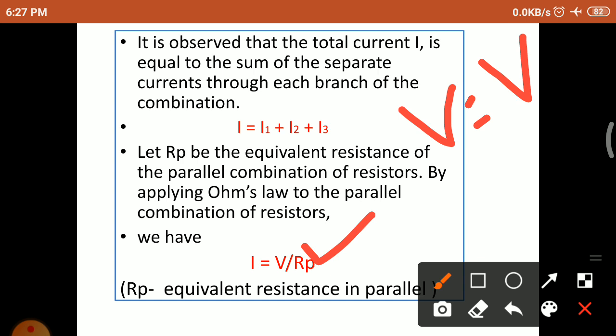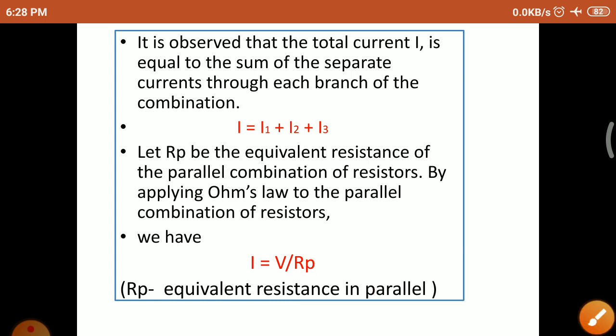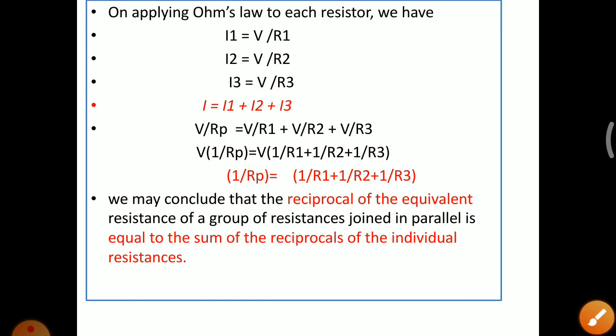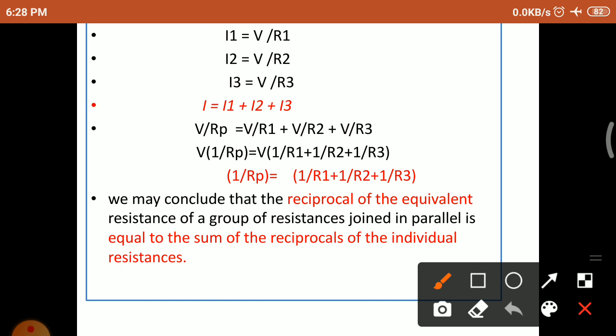Here Rp is nothing but the equivalent resistance in parallel combination; P represents parallel. The next, on applying Ohm's law, I know that I1 equals V by R1, I2 equals V by R2, I3 equals V by R3. The total current, I know that I equals I1 plus I2 plus I3.